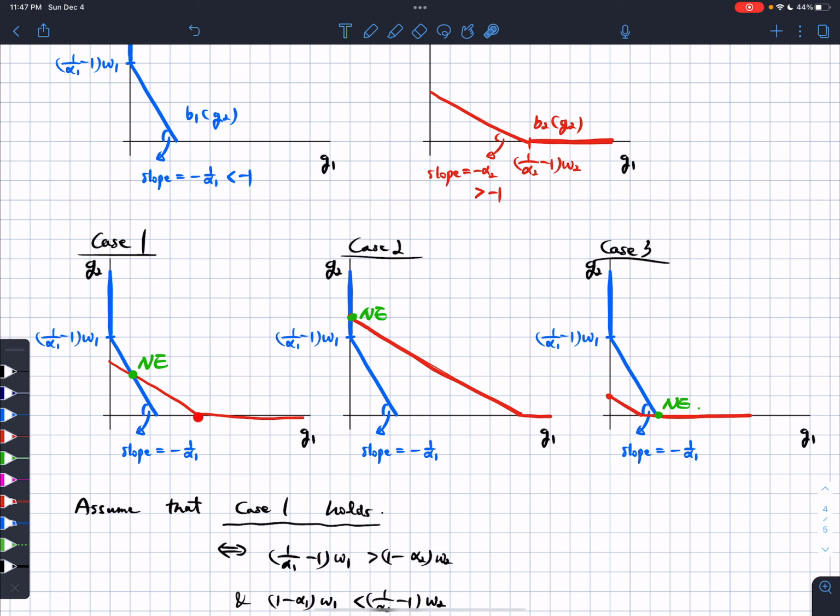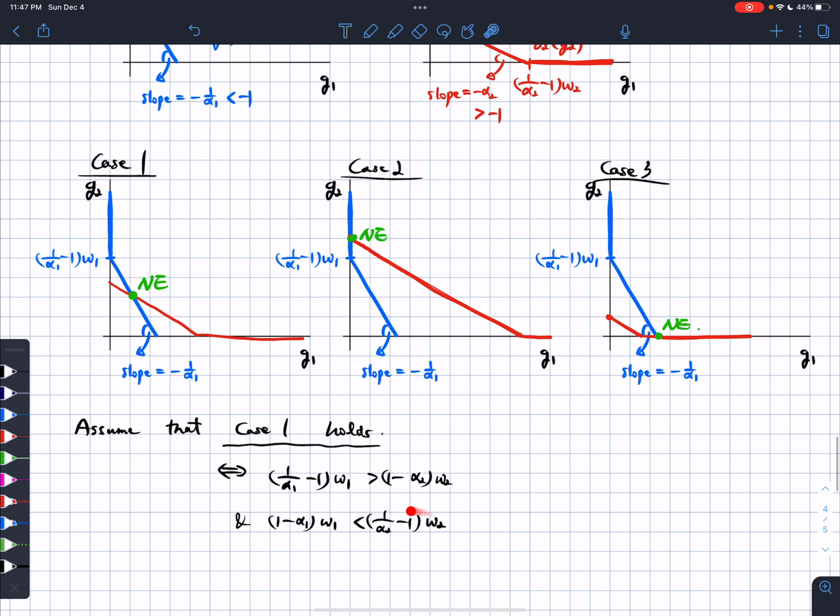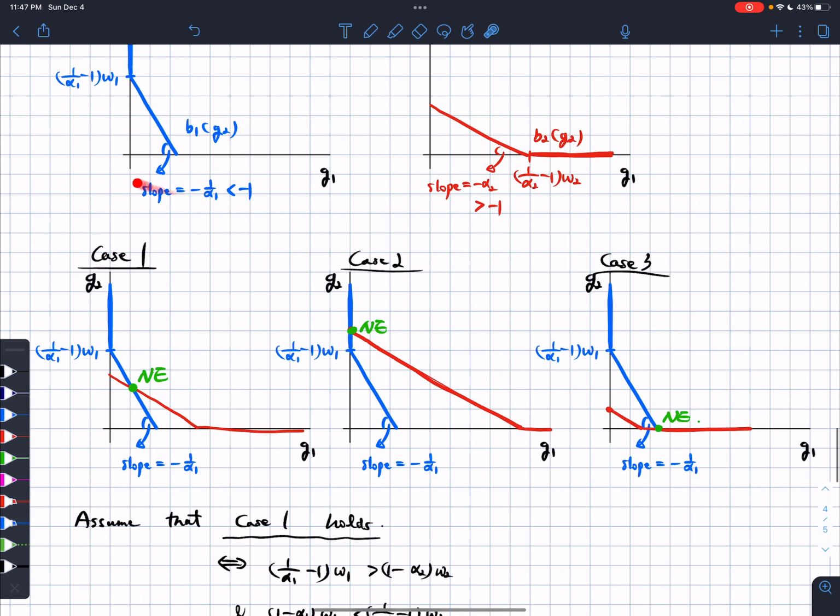And the second condition is that this horizontal intercept is larger than this guy, and this horizontal intercept is what? If you go back, it is this much, okay? And that is this expression. And what about this? Well, that is the expression for this horizontal intercept, which you can calculate from this picture.